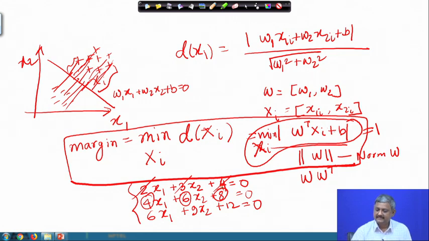So, I can multiply w and b both by some quantity, so that the smallest value over all xi's becomes 1. I can always do that. You think a little bit, take any line, take some points, and you will see you can always do that.